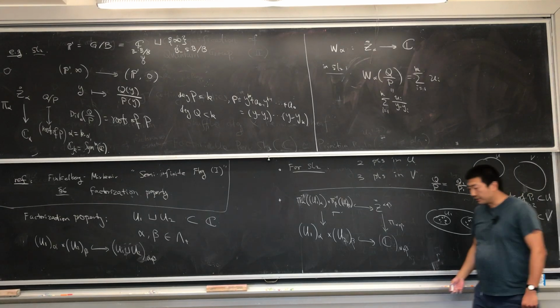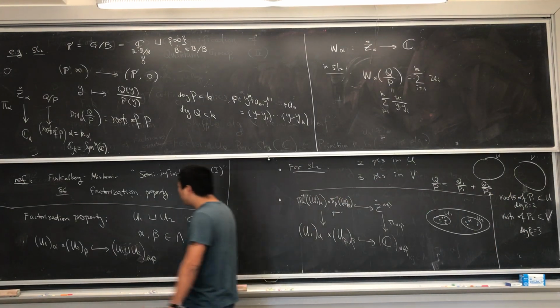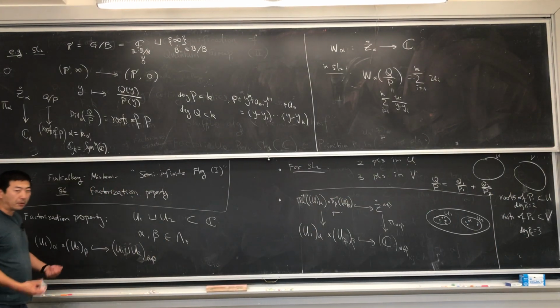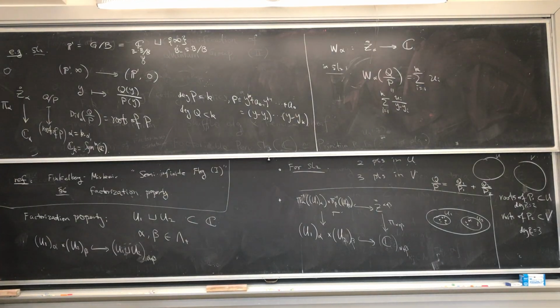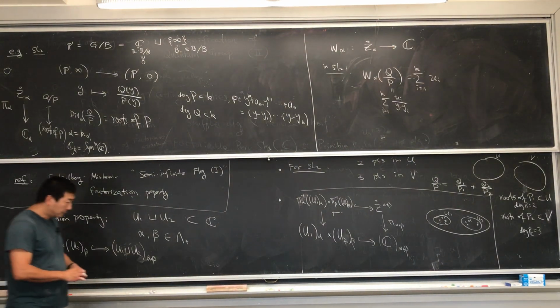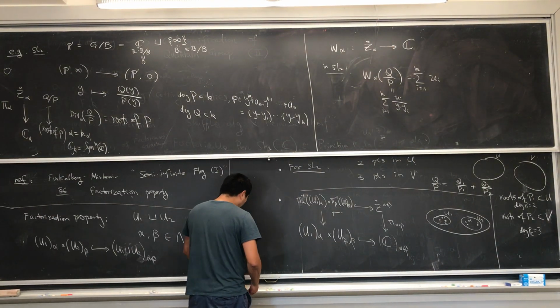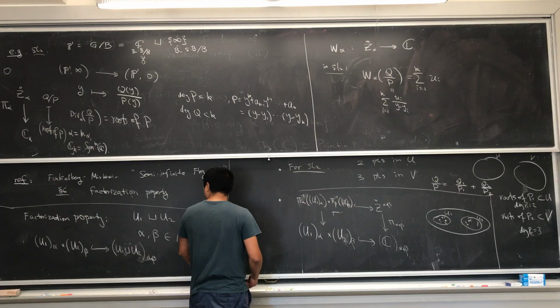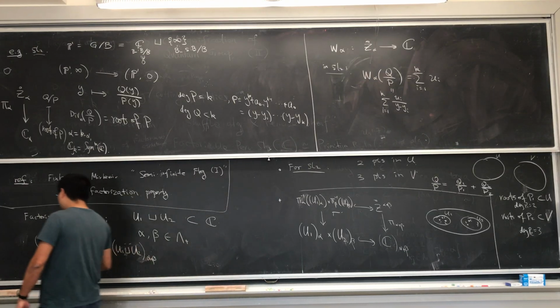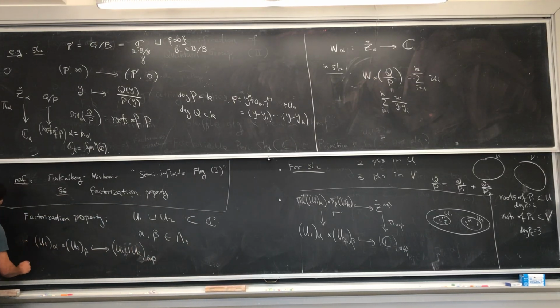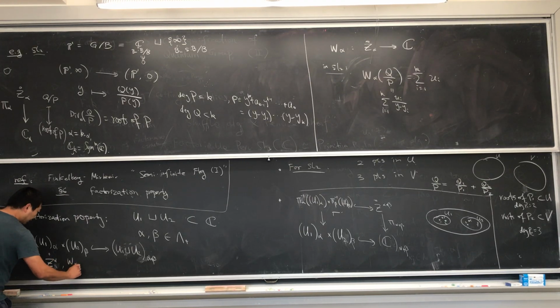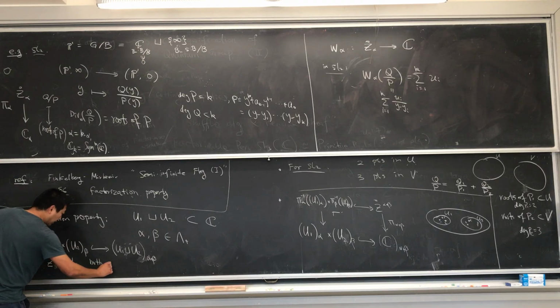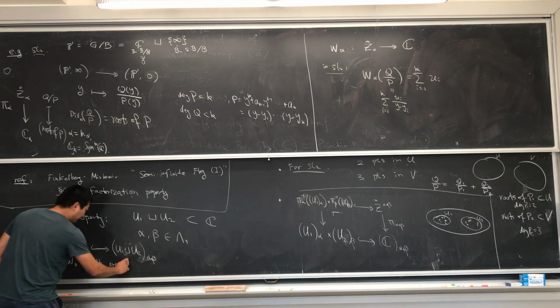So our space and the superpotential both satisfy the factorization property. So the O of alpha and W alpha are factorizable.